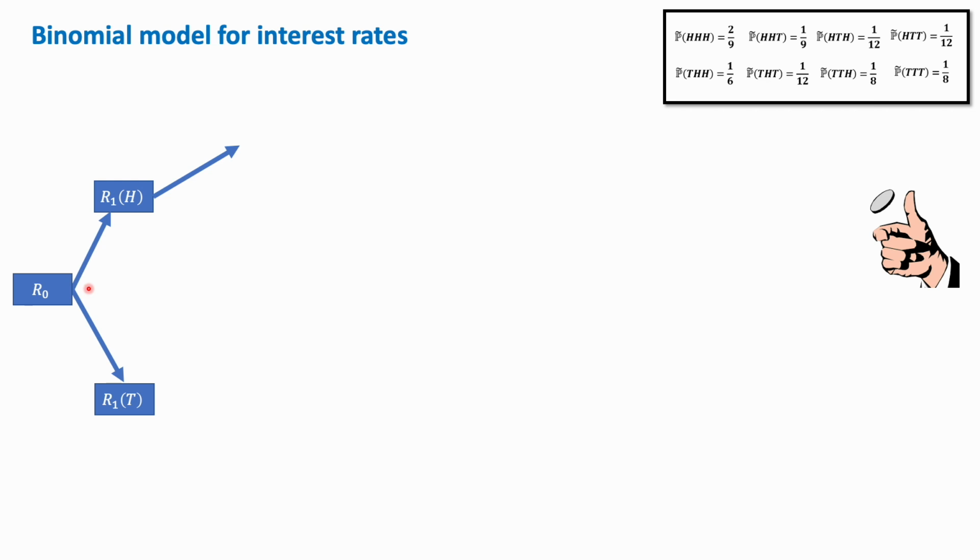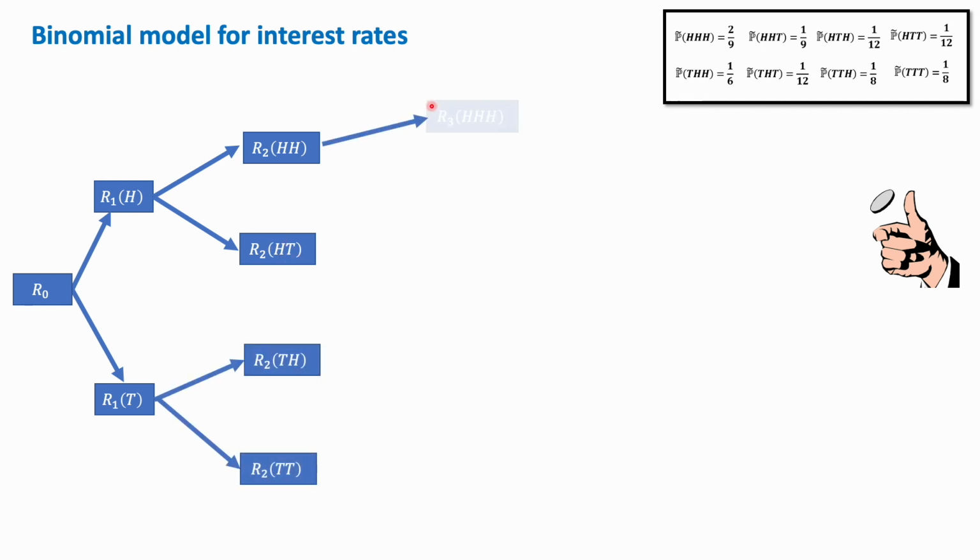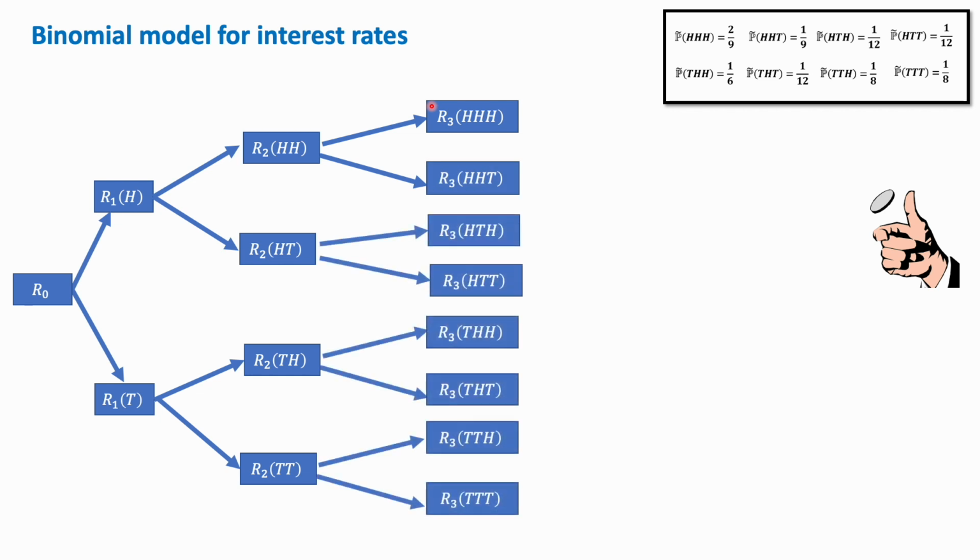And we're tossing the coin 3 times, right? So if the first time we get head, we come here. If we got another head, then we come up here. If we get a tail, we come down here because we have HT. Essentially, this is what the tree is showing you: how interest rate could potentially move depending on the result of the coin toss.